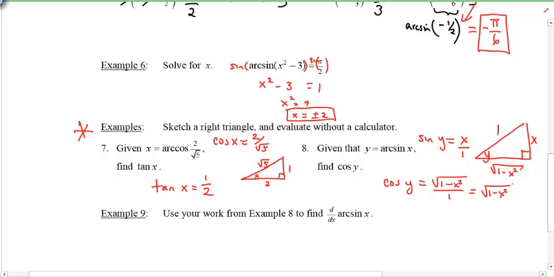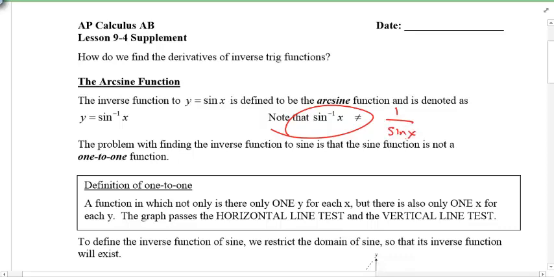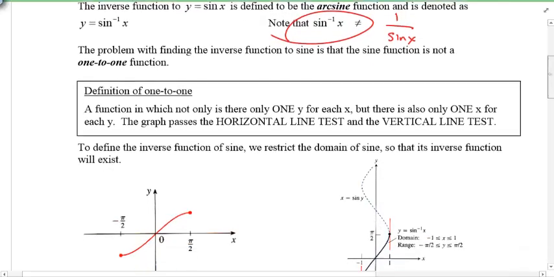Now, we're going to use this to help us find the derivative of arcsine of x. To do this, I'm going to ask us to go to the 9.4 supplement in the back of your book. Here we've already talked about what these functions are. Just as a reminder, once again, note that sine inverse of x does not equal 1 over sine x. We talked about all this one-to-one stuff.